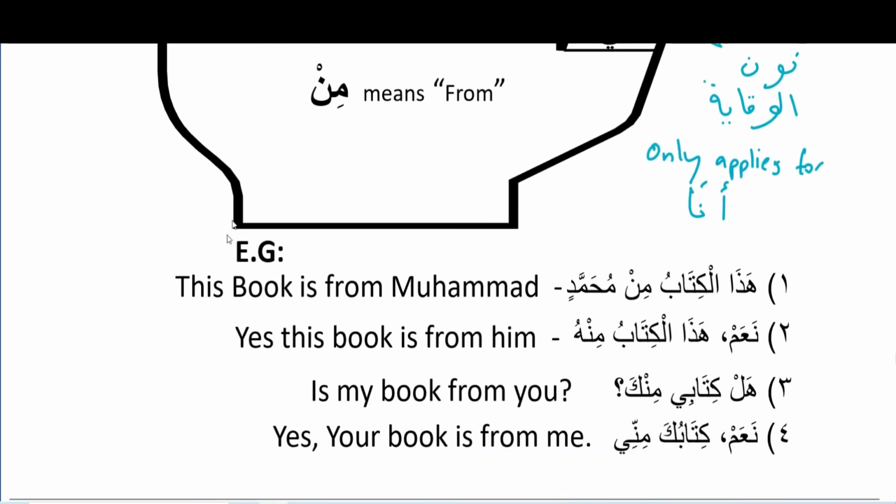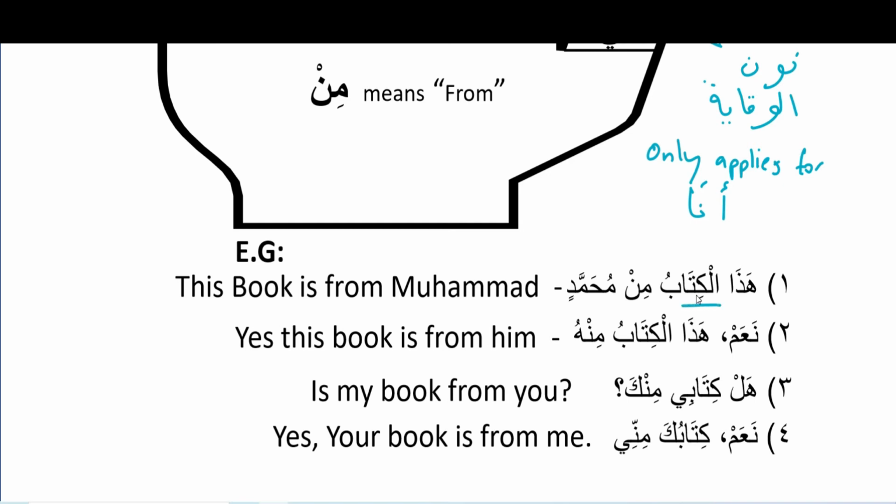We take an example. We have a sentence here for us to refer to. The first sentence: Hadha kitabu min Muhammadin. This book, again, hadha means this. Then we have alif lam here, al kitabu. Once you see alif lam, it means what? This word is a noun. Yes, very good.